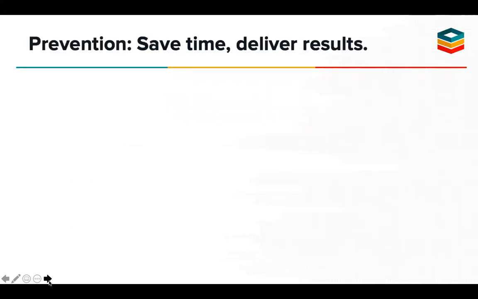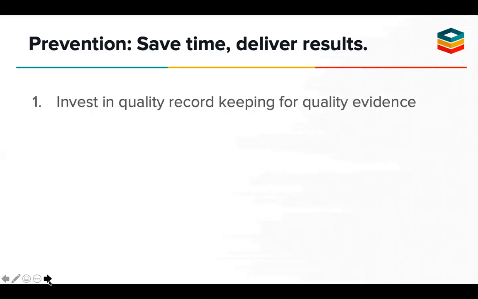Now, the better thing to do, and one of our suggestions, and I'm sure a lot of people who are familiar with GIML practice a lot of this already, I hope, is first to invest in good quality record keeping. This means people and good quality tools.